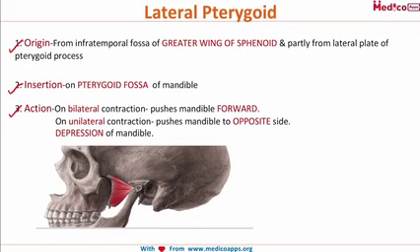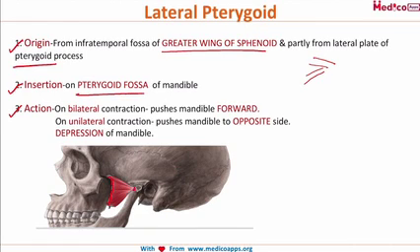The lateral pterygoid originates from here, from the infratemporal fossa of the greater wing of sphenoid bone and partly from the lateral plate of pterygoid process. So it has 2 heads: the first originates from the greater wing of sphenoid bone, and the second from the lateral plate of pterygoid process. The insertion is on the pterygoid fossa of the mandible.